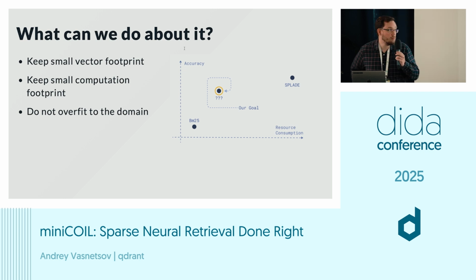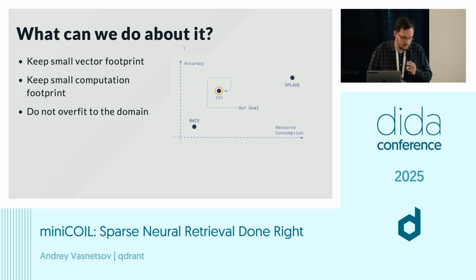We want this model to work practically in any live scenario without fine-tuning, without any additional training, so out of the box. Basically the same way as dense models work, you just download them from Hugging Face and they work. Our goal is to achieve the same here in sparse vectors.